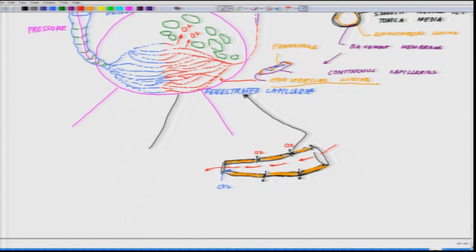And these are those wonderful, what we call windows of the capillaries, making them fenestrated capillaries.